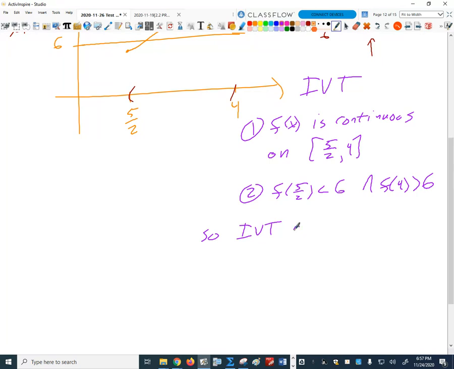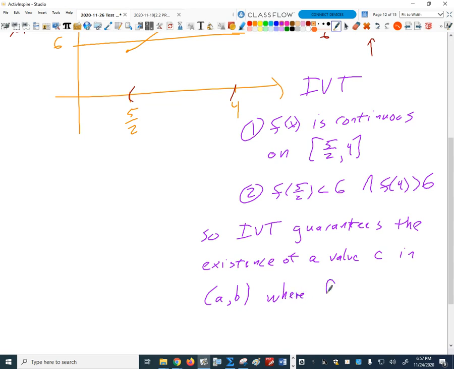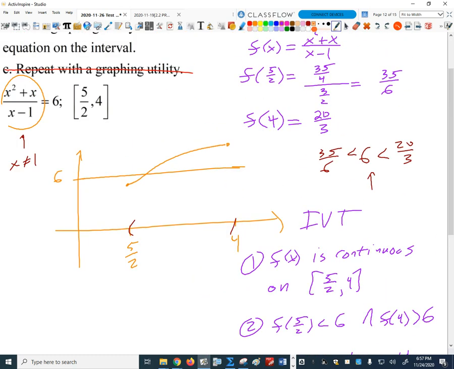So the intermediate value theorem guarantees the existence of a value C in the open interval from A to B, where f of x equals 6. And then we would just have to go find that.